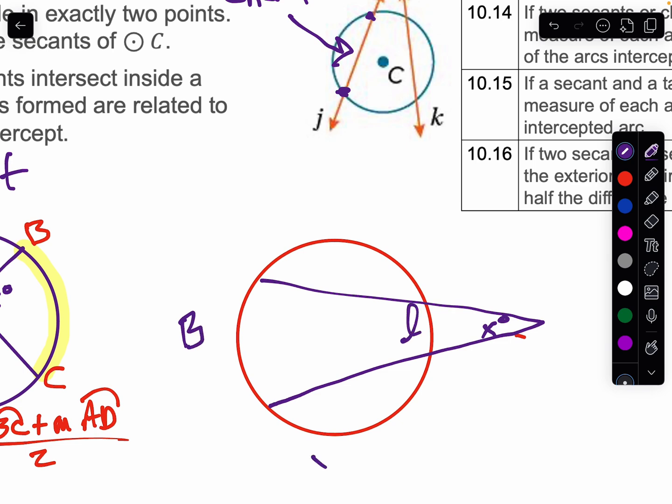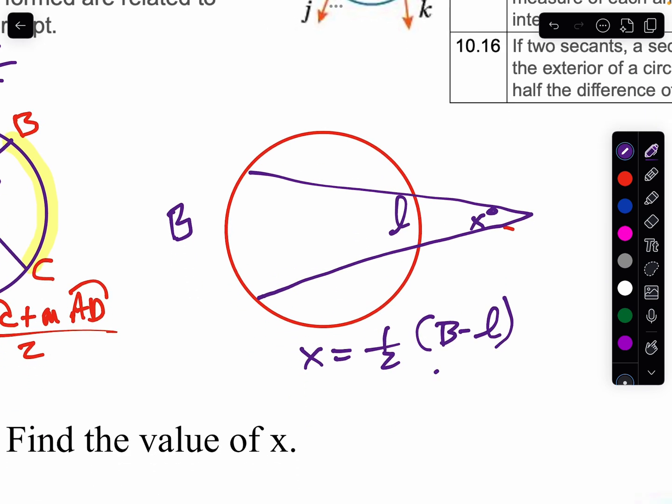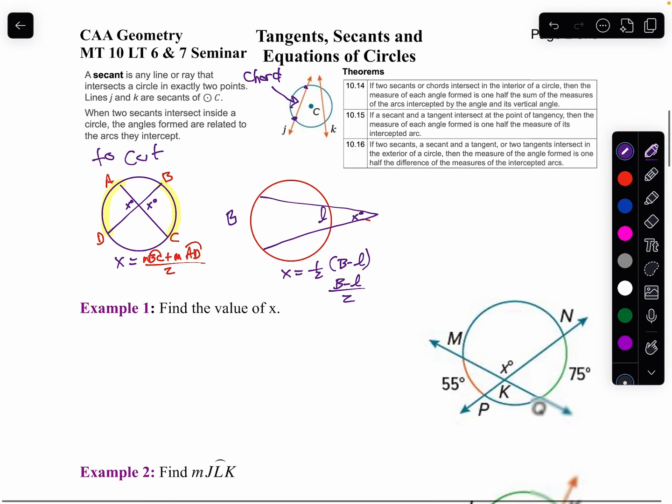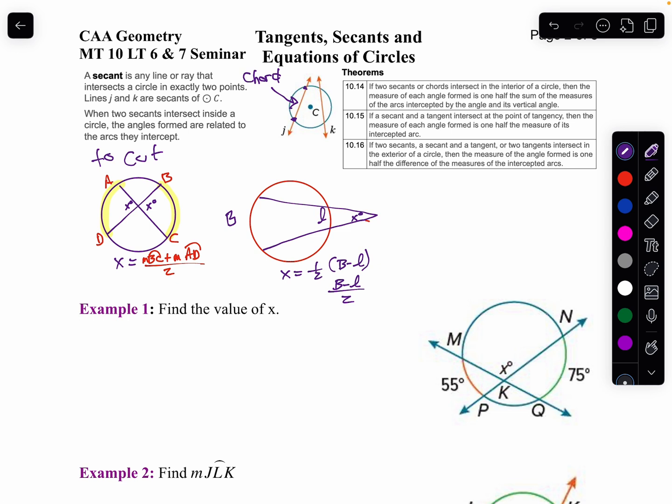So X is going to be 1/2 the big minus the little. Sometimes I like to write it as big minus little divided by 2. Those are our 2 rules. We're going to talk about a third rule as we do the problems, but it's pretty much the same things we did yesterday.